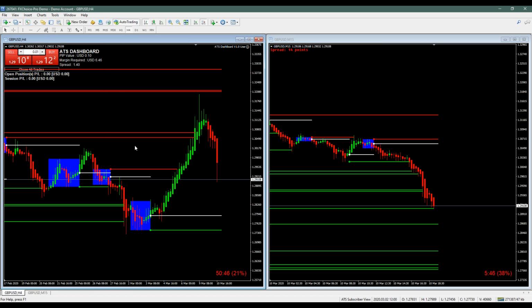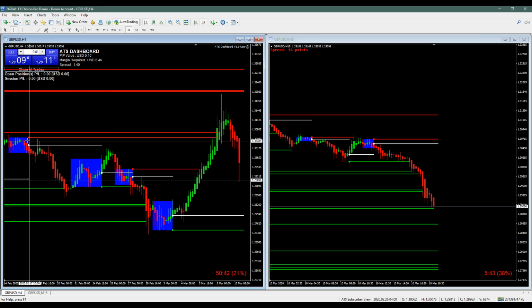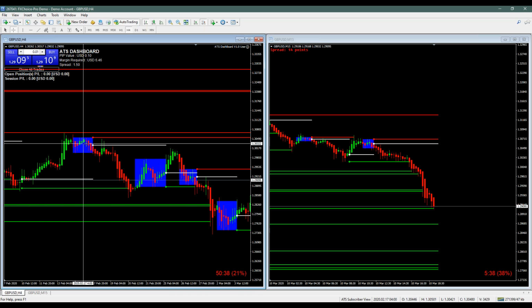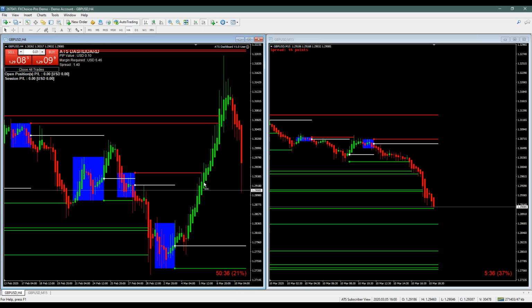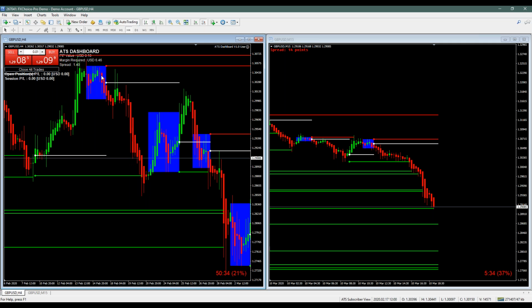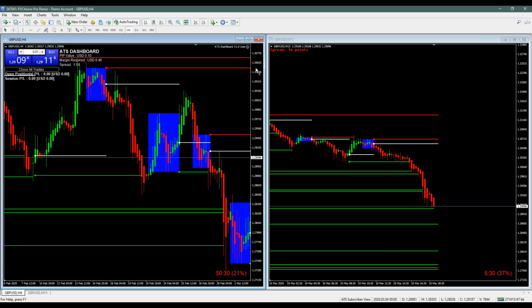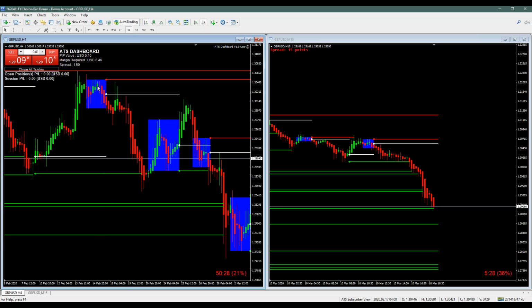Expansion lines represent the orders that are happening inside of any given contraction. If somebody, the retail public, were to get into a trade inside of this contraction, we don't exactly know what side of the market they're taking.